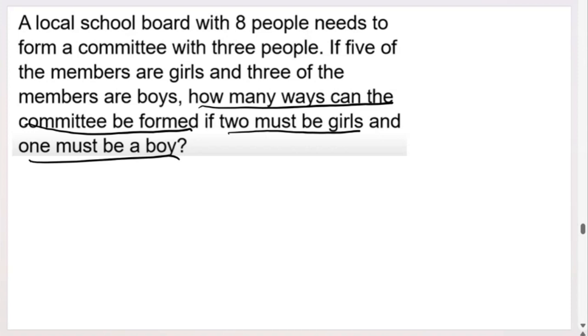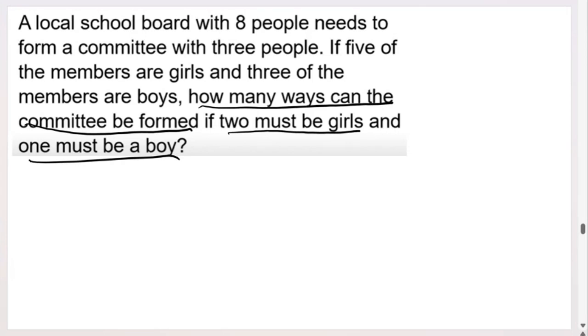Okay. So here, just by reading the story, there is no order. No one is getting any responsibility or any order. It's only about the people who are there. It's just the genders. So there's no order that needs to be followed. So we are thinking of a combination.